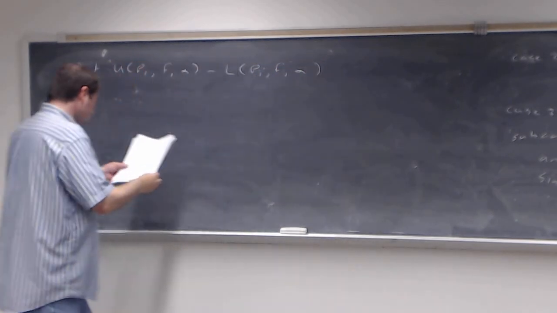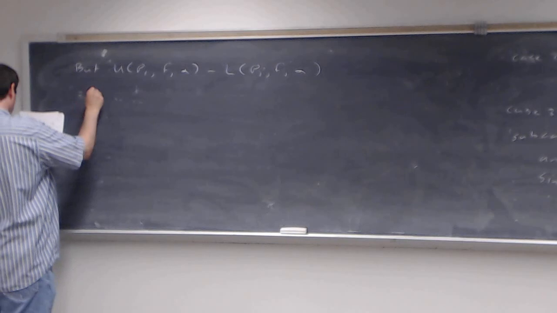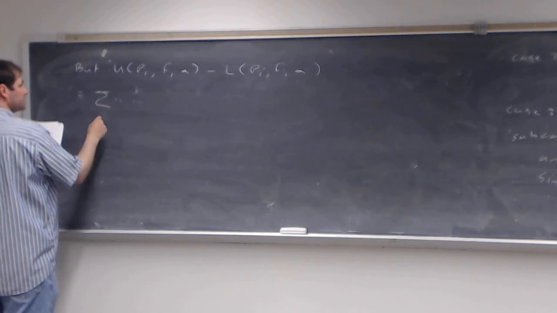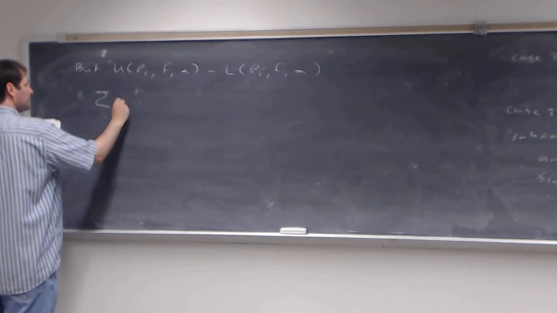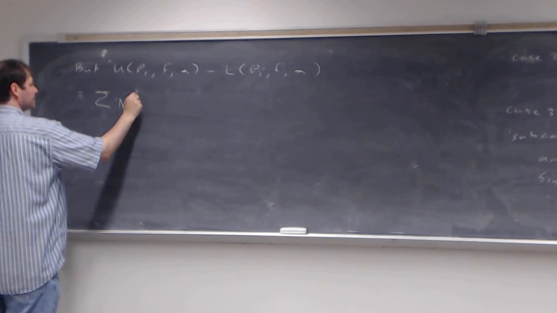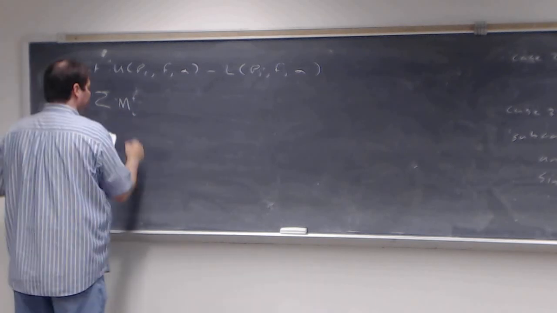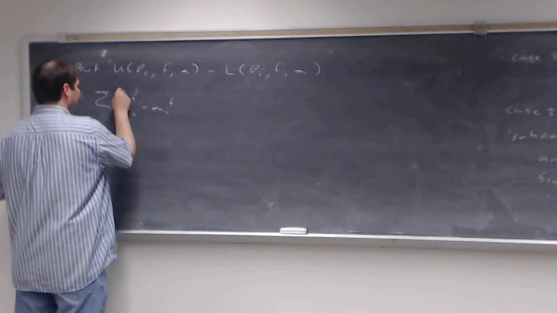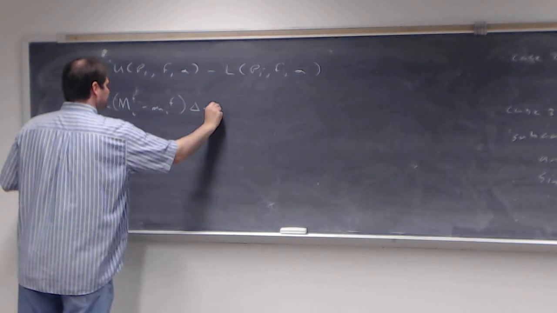this is equal to, I'll write it down, give my notation here, the sum of the big M sub i's with respect to f, remember that's the sups, minus the little m sub i's of f times the Δα sub i.